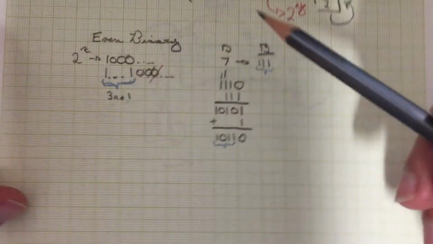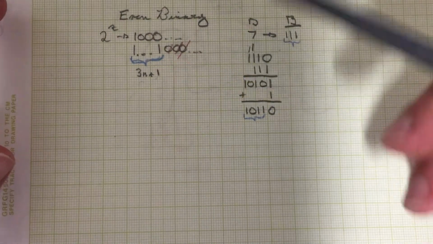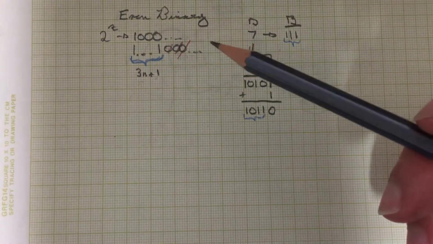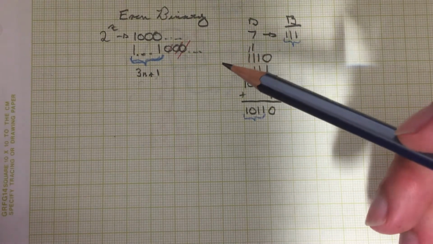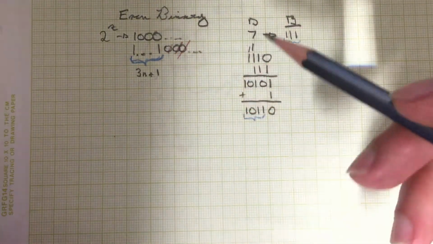So just starting off this video from where we were last time, let's recall why we were interested in finding these binary numbers that behaved in a certain way through the odd step of the Collatz conjecture.